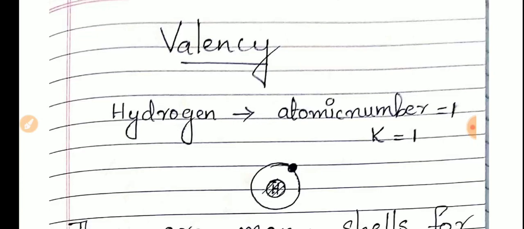So he suggested the method like H for hydrogen, O for oxygen, N for nitrogen, etc. And this technique was taken by the IUPAC. IUPAC means International Union for Pure and Applied Chemistry. So IUPAC took that same technique for naming the elements, starting from the first letter of their English name or their Latin name.